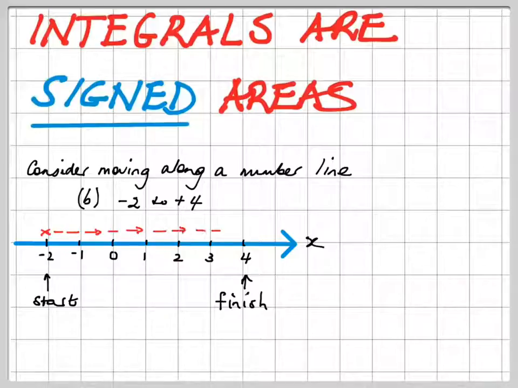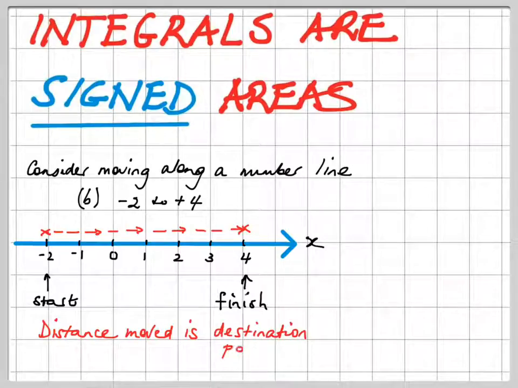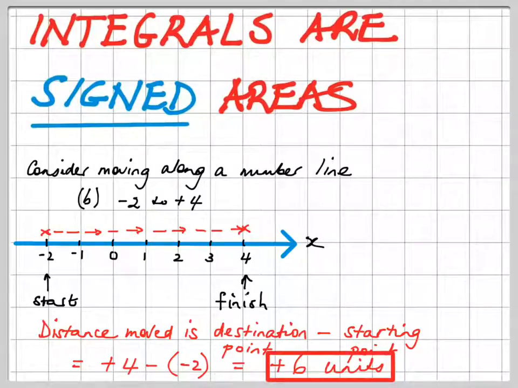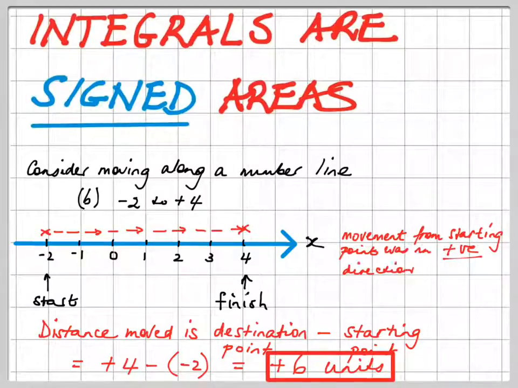We're going from there up to there, and the distance moved is the destination point minus the starting point, which is going to be plus 4 take away negative 2, which comes to plus 6 units. That is that the movement from the starting point was in the positive direction. Now, I want you to get that very, very clear, okay?